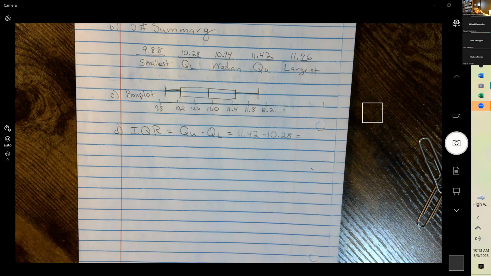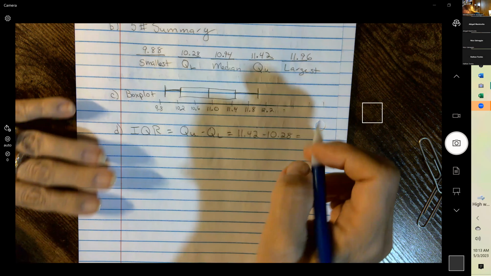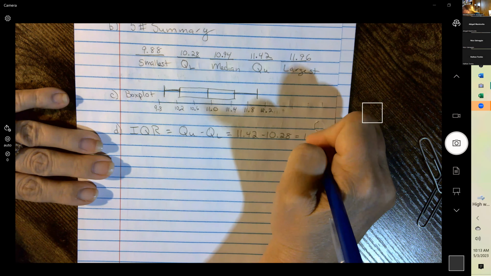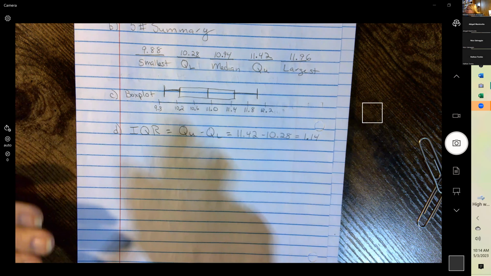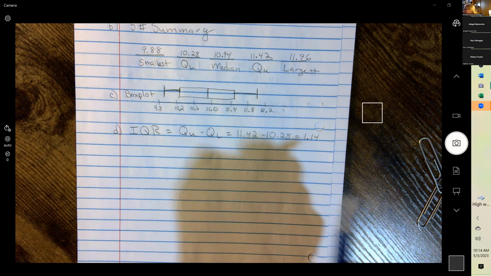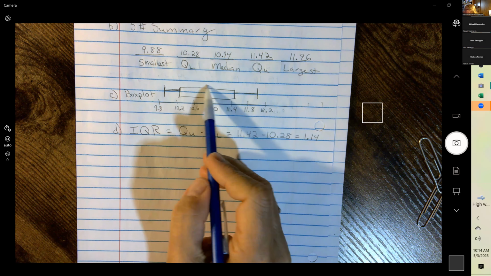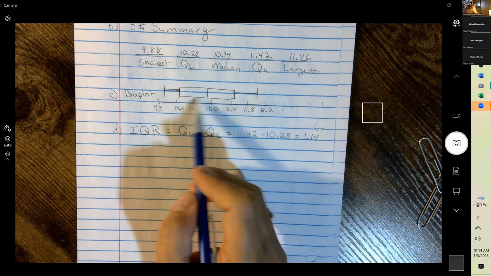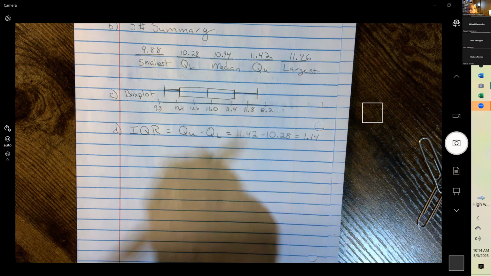And what are we getting? Anyone? So the range here, this middle 50%, is 1.14.